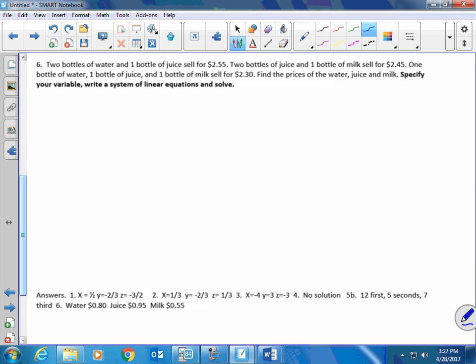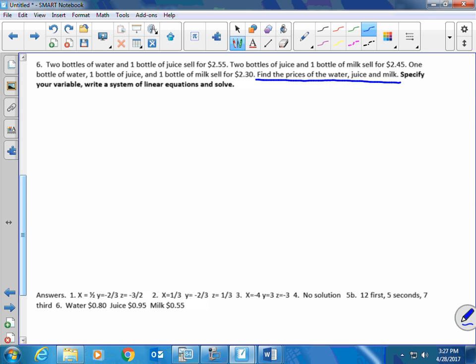So if I look at this, I have 2 bottles of water and 1 bottle of juice that sell for $2.55. What are my variables? Well, we have water bottles and juice bottles and, if we read the next sentence, milk bottles. Are we looking for the number of water bottles, juice bottles, and milk bottles, or the price of each? Look at my question. Find the prices of each type.